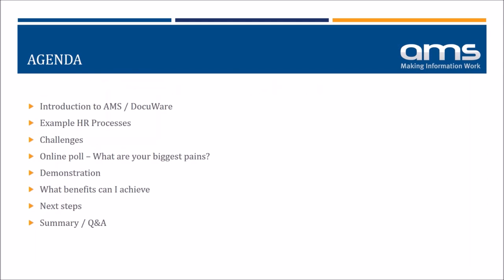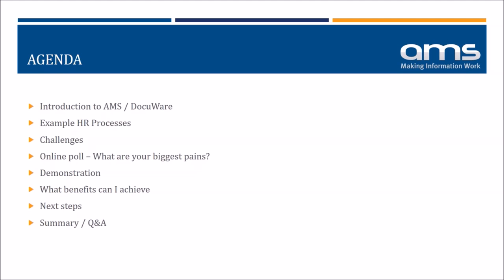So what we're going to discuss today, well, we'll start off with an introduction to us, AMS, and then I'll introduce DocUAir, who manufacture the document management software that we implement. We'll go through an example HR process and some of the challenges with this traditional process as well.